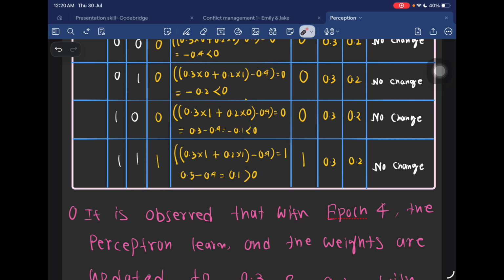Our desired output is 1 and our estimate output is 1. So 1 minus 1 equals 0, and the error becomes 0. No issue in that case, and the weights 0.3 and 0.2 have no change.